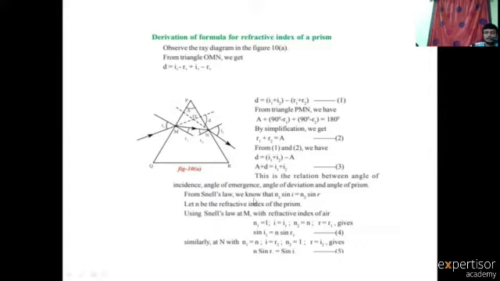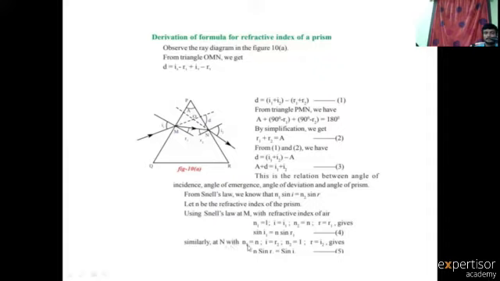From Snell's law, we know that n1 sin i is equal to n2 sin r. Let n be the refractive index of the prism. Using Snell's law at M, with n1 equal to 1, n2 equal to n, i equal to I1, r equal to R1: sin I1 is equal to n sin R1.